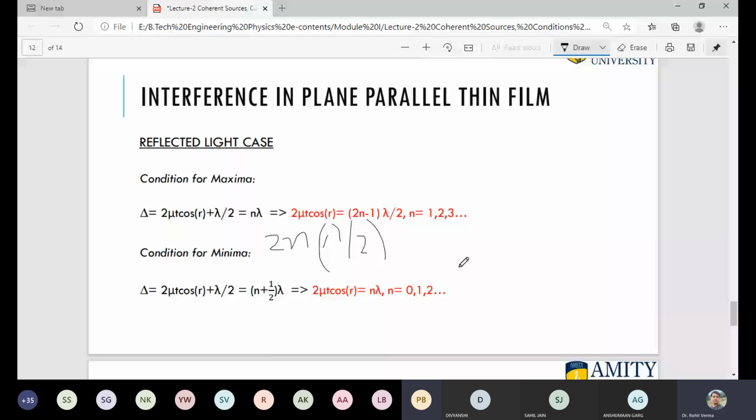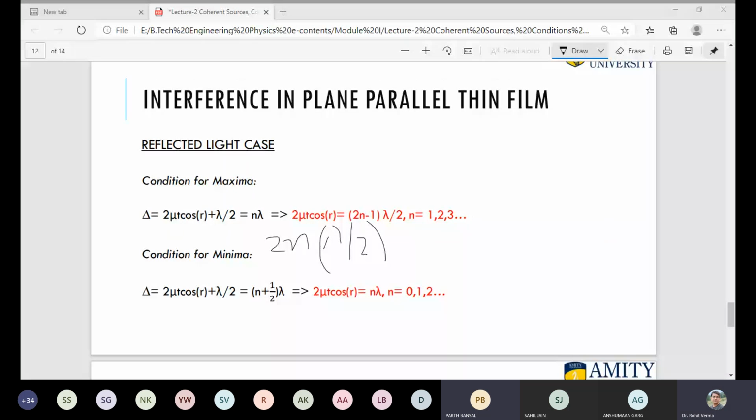Yes, sir, in polarization, you said they have to be in the same polarization. What happens if they are not in the same state of polarization? If they are not in the same state of polarization, then you will not be getting a sustained interference pattern, because in the conditions for sustained interference pattern, we have discussed that the interfering waves should be in the same state of polarization.